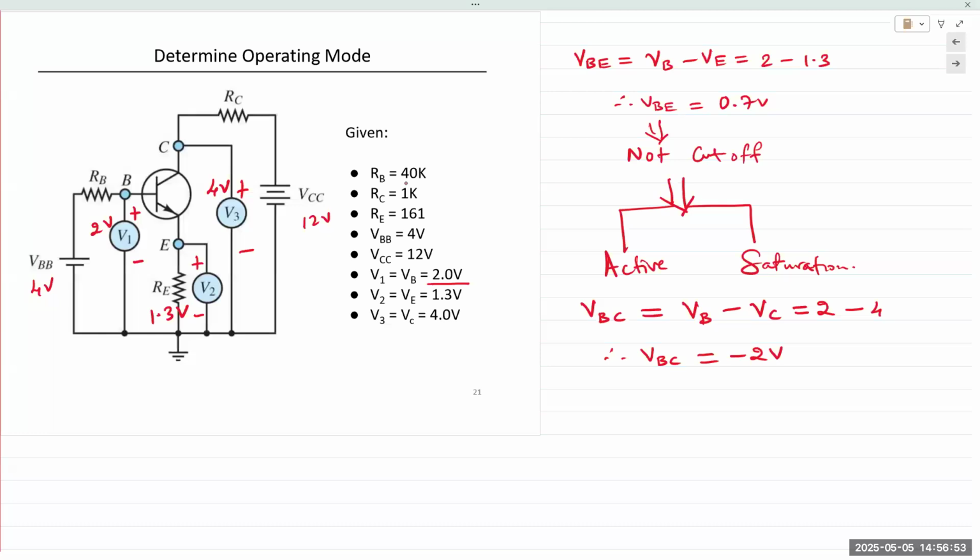So what does it mean? Is the junction forward bias or reverse bias? If it's reverse bias, then is it in saturation or active? It's in active mode. Active mode, yes. If it's PNP, then everything is switched, yes.